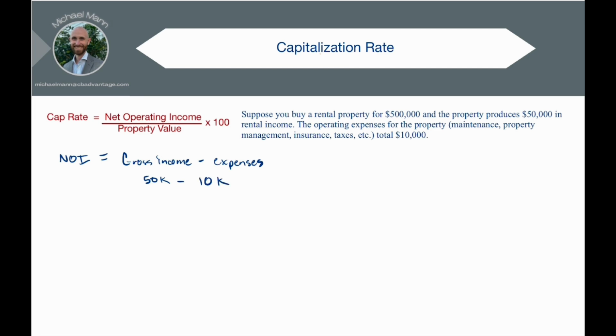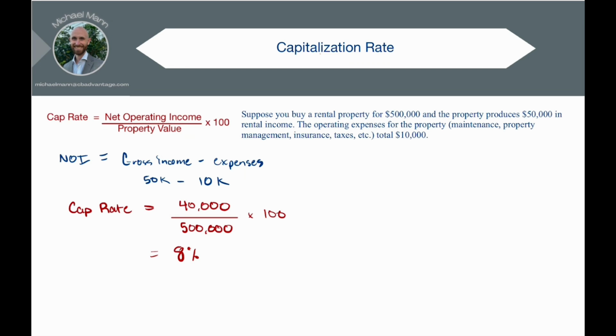So when I look at the calculation for your cap rate, your cap rate in this case is going to be equal to $40,000 for your net operating income, and you're going to divide that by your purchase price of $500,000. Once you divide those together and multiply by 100 to turn it into a percent, you're going to end up getting about 8%.